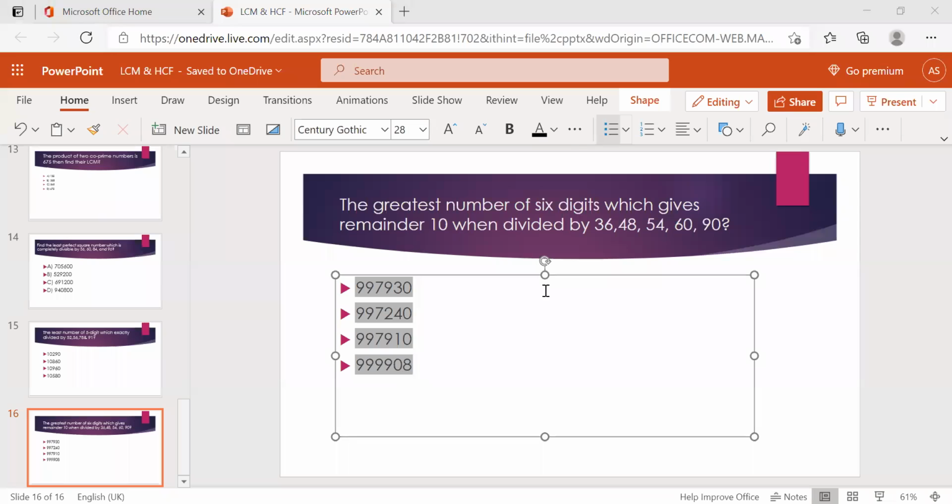So it is not going to be divisible by 60. 60 means the last digit will be 0. So it is not going to be the answer. Eliminate this one and then subtract 10 from this. So the last 2 digits are 20, the last 2 digits are 30, the last 2 digits are 0. Then go with 36.